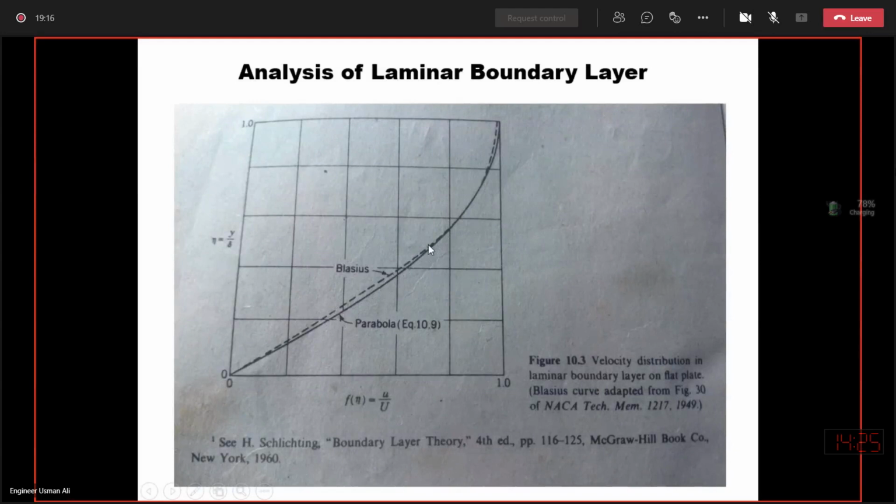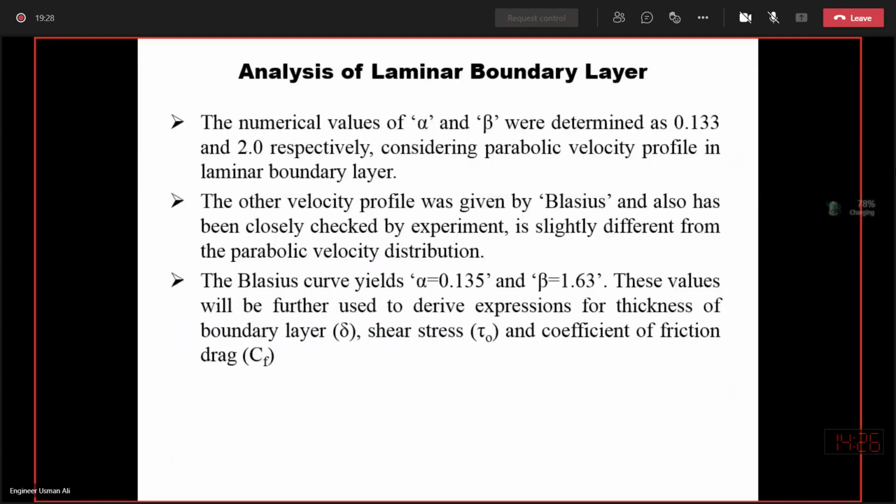So he developed his own equation for this velocity distribution for the boundary layer, and solving that equation, he found that alpha is 0.135 and beta is 1.63.